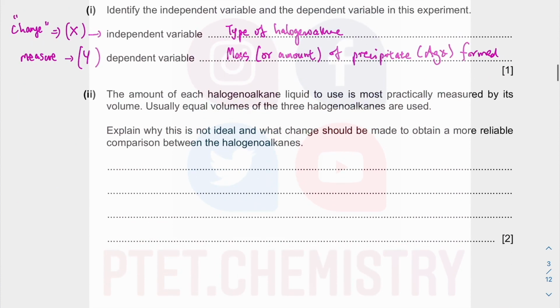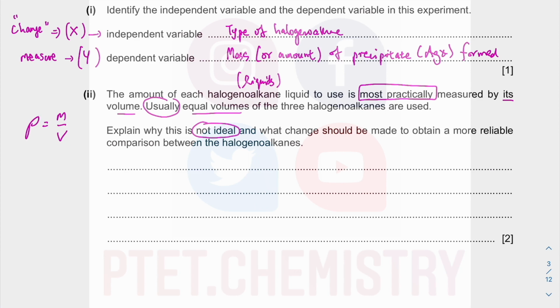So the amount of each haloalkane used is most practically measured by its volume, because they are all liquids, by the way. So usually you will use equal volumes. But why is this not ideal? As you know, density equals mass over volume. If you use the same volume, it is not the same mass, and it is not the same mole.